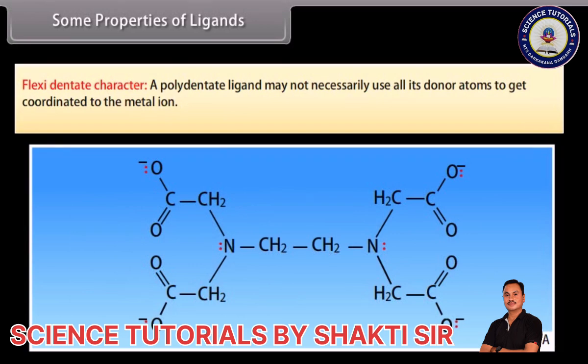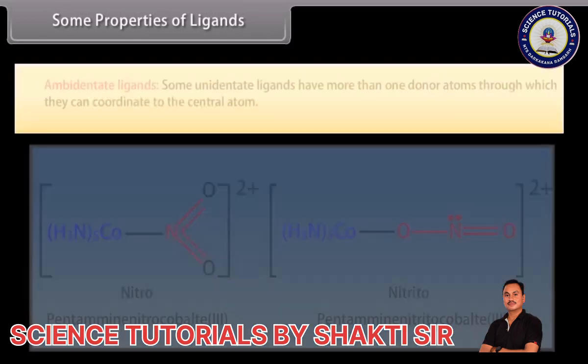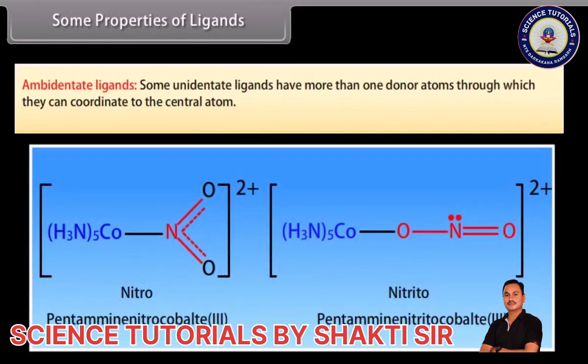A polydentate ligand may not necessarily use all its donor atoms to get coordinated to the metal ion. For example, EDTA can act as a hexadentate or a pentadentate or a tetradentate ligand. Ambidentate ligands. Some unidentate ligands have more than one donor atom through which they can coordinate to the central atom.